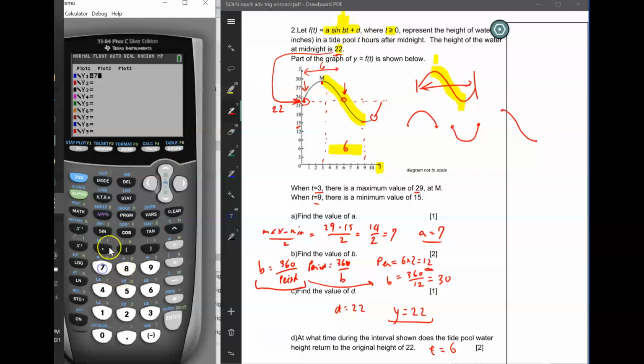So 7 sine 30x, because you can't put t in here, plus D, which is 22. And I'm going to change the mode of the calculator to degrees. Super important. And then I'm going to graph it.